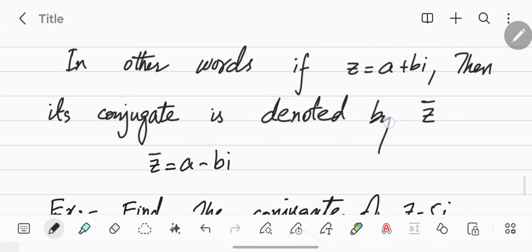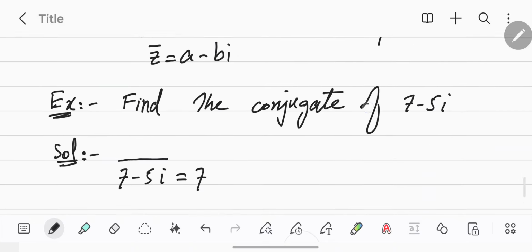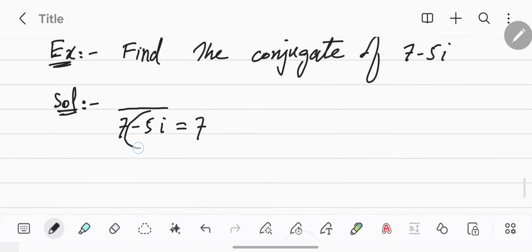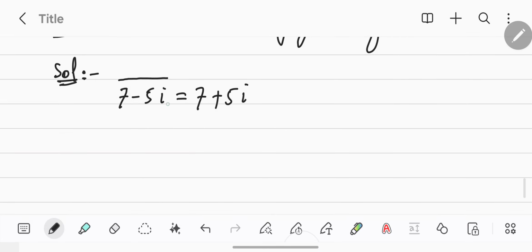When we write the conjugate, we turn the imaginary part to the opposite direction. If it is plus, I make it minus. If it is already minus, I make it plus. This imaginary part is negative, so I will make it plus 5 iota. So this is the conjugate of this number.